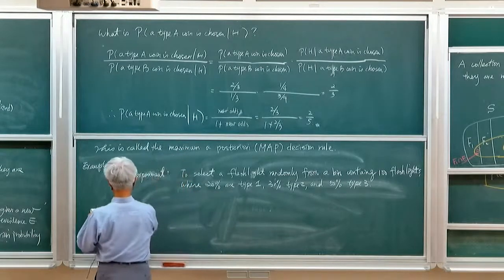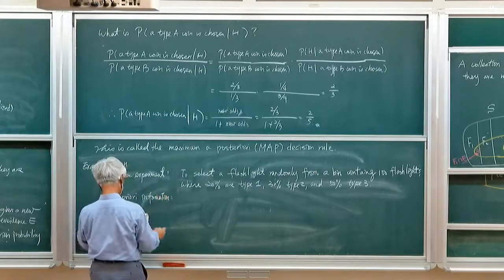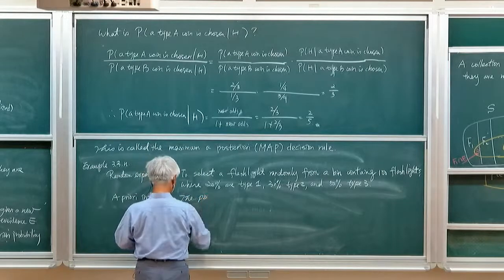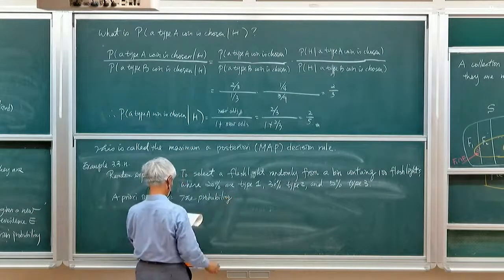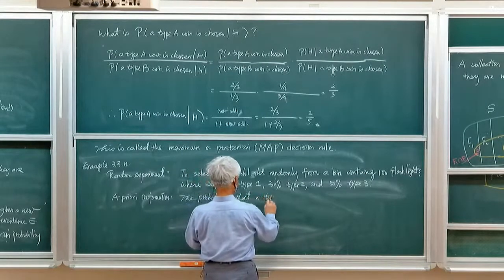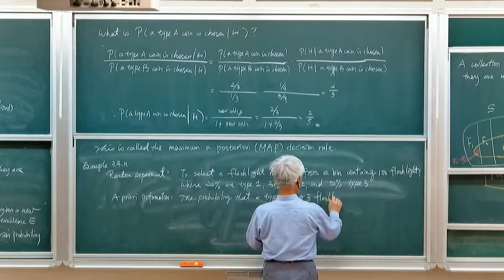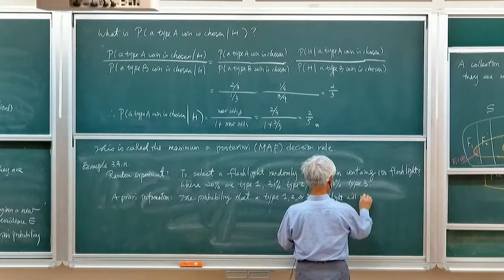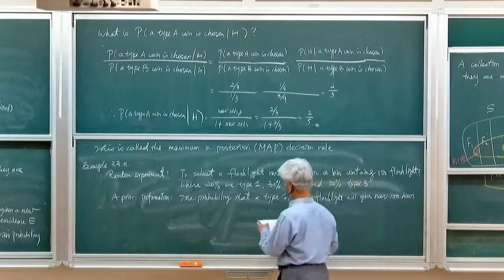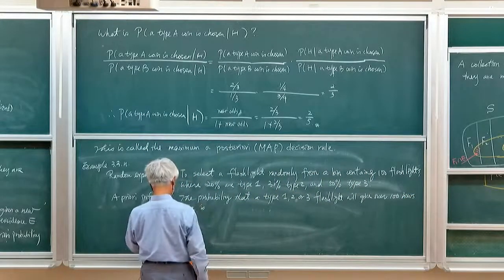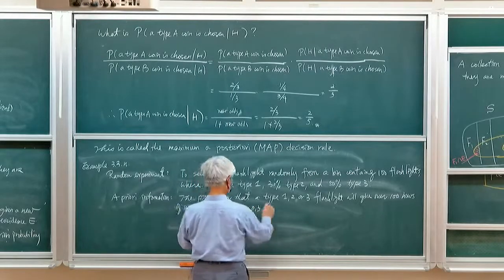Okay, and then the probability that a type 1, 2, or 3 flashlight will give over 100 hours of use is 0.7, 0.4, or 0.3 respectively.